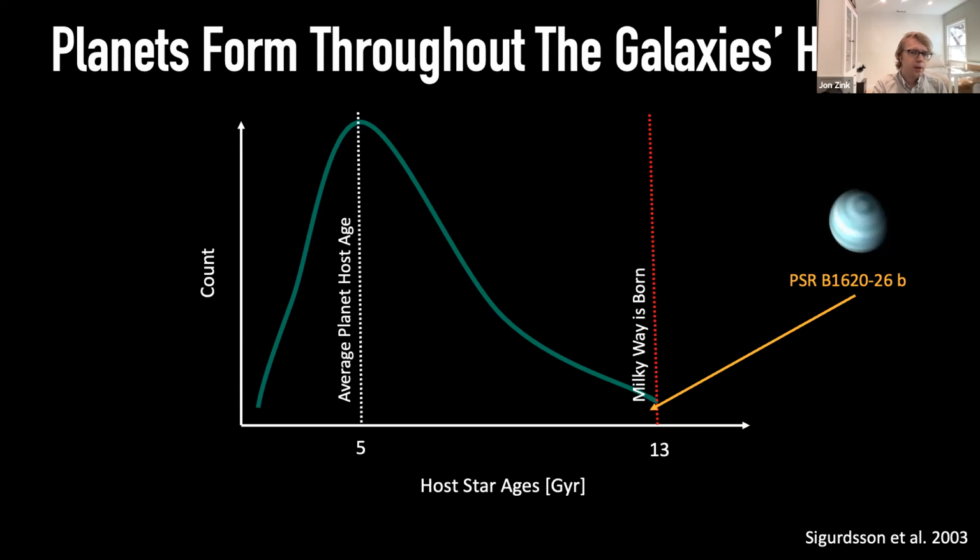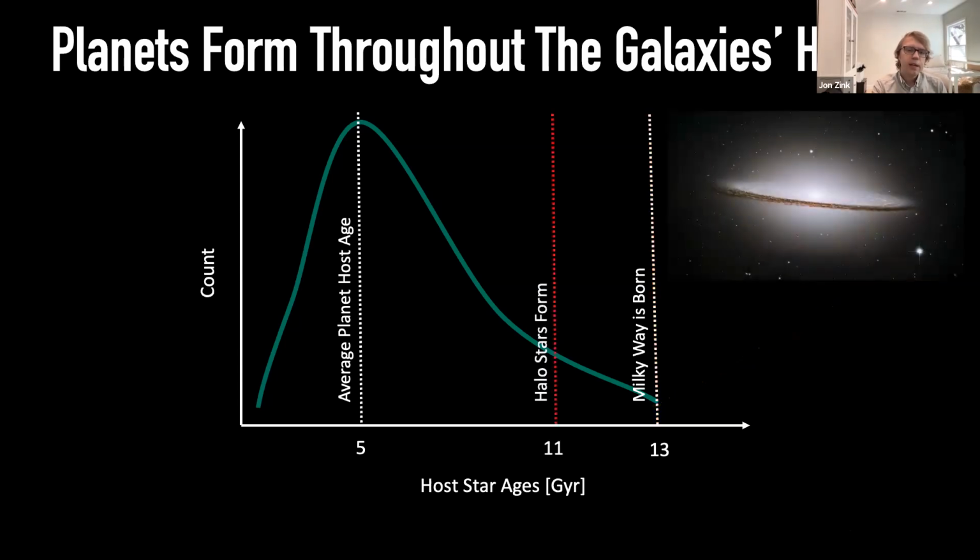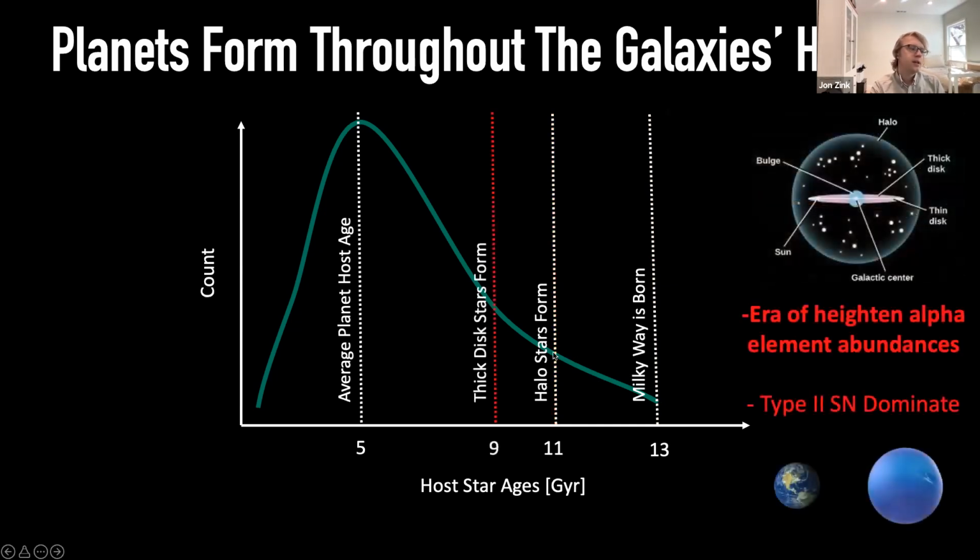And maybe those planets were unique in some form compared to the ones that are around today. So a few gigayears after the Milky Way forms, halo stars form as well. And again, we have planets that are roughly as old as that population. At 9 gigayears, the thick disk stars start to form.